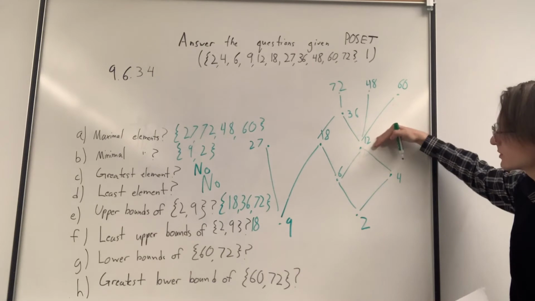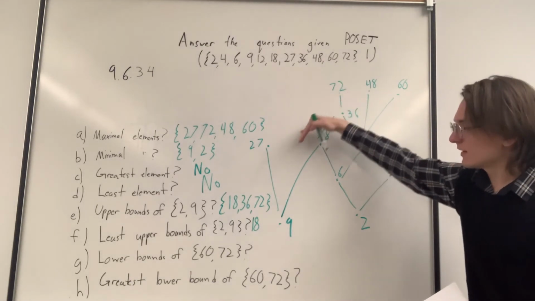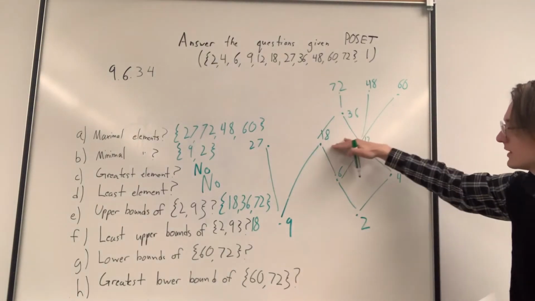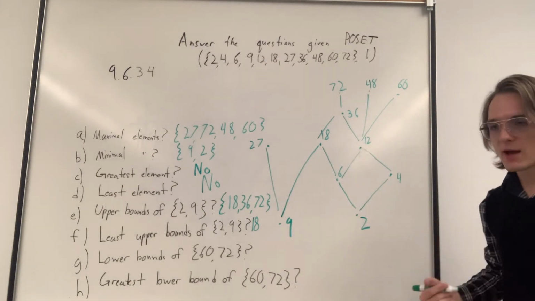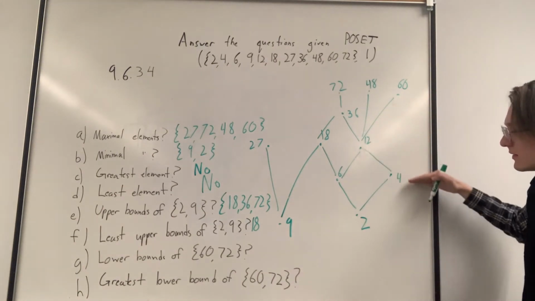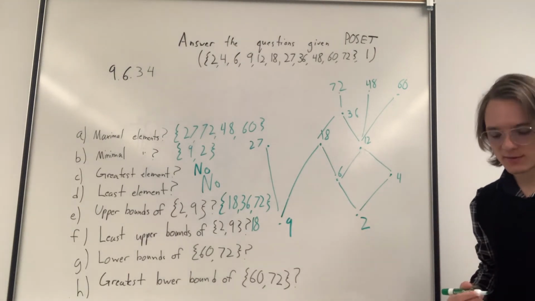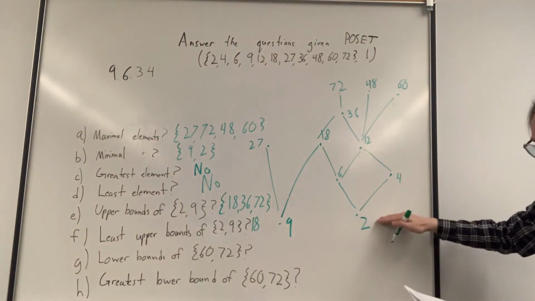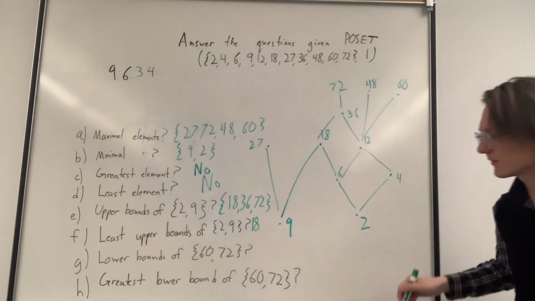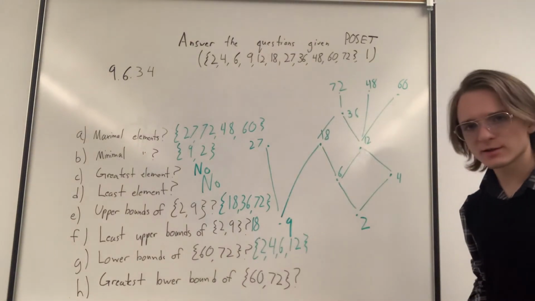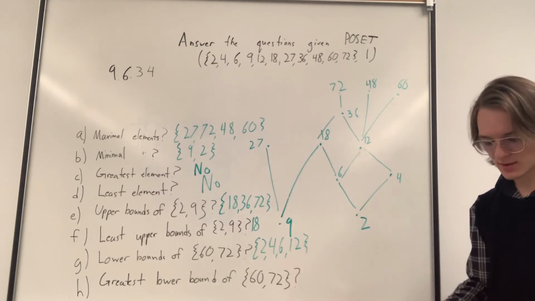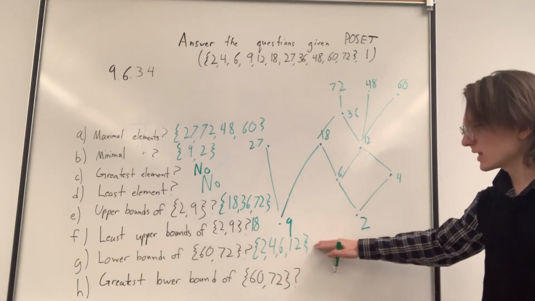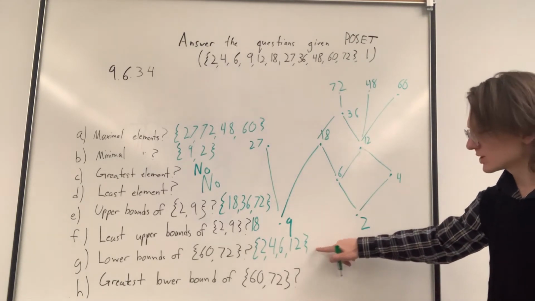We have to go down from 60, up, and then down again to reach 18 from 60. It's only a lower bound if you can go straight down to that element. So that would be 2, 4, 6, and 12 again. Finally, what is the greatest lower bound of 60, 72? Well, again, that would just be the greatest element of the lower bounds, which is the 12.